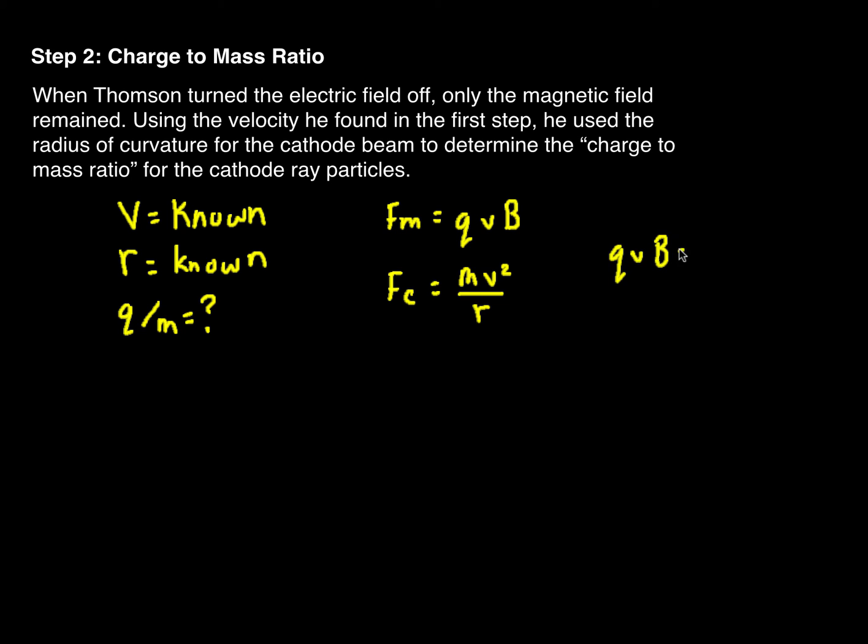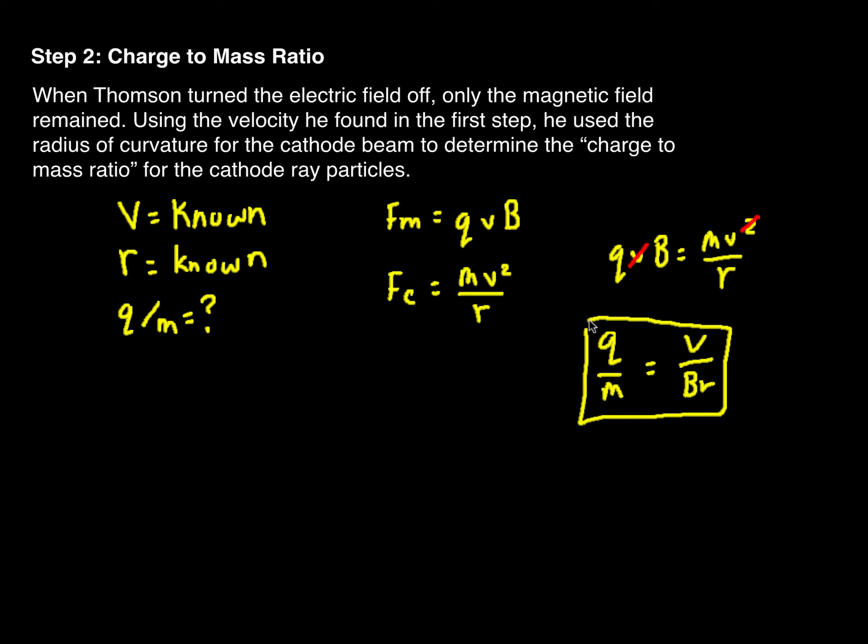QVB equals mv squared over r. V appears on each side of the equation and can be cancelled out once. Then we can rearrange for the charge-to-mass ratio. Q over m equals V over BR. This is Thomson's equation for the charge-to-mass ratio of an electron.